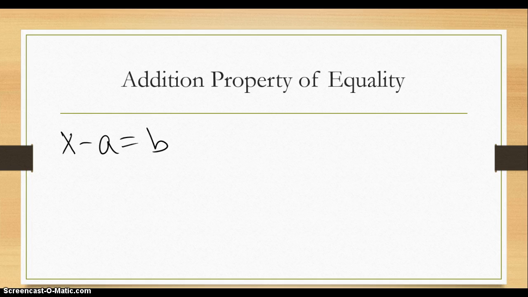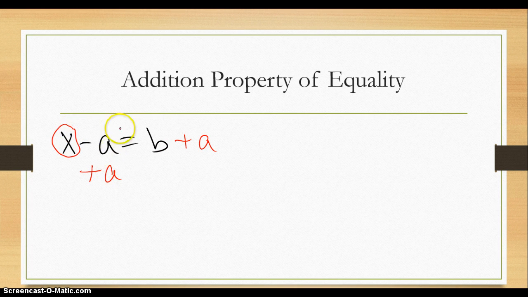So, addition property of equality. Here we have the algebraic equation x minus a equals b, and it's called addition because I need to take the opposite operation to solve for x. My goal here is to get x alone.